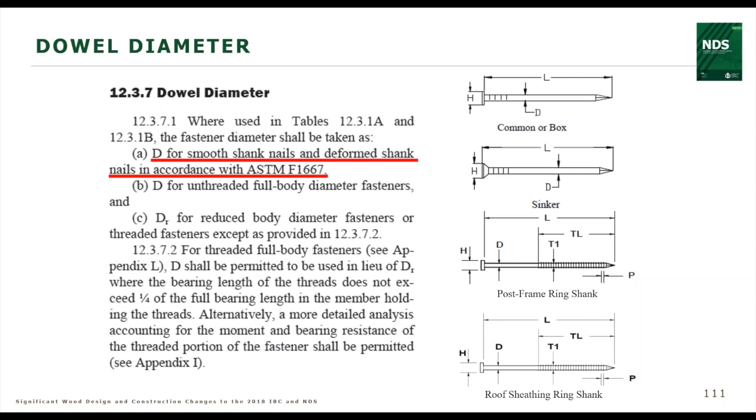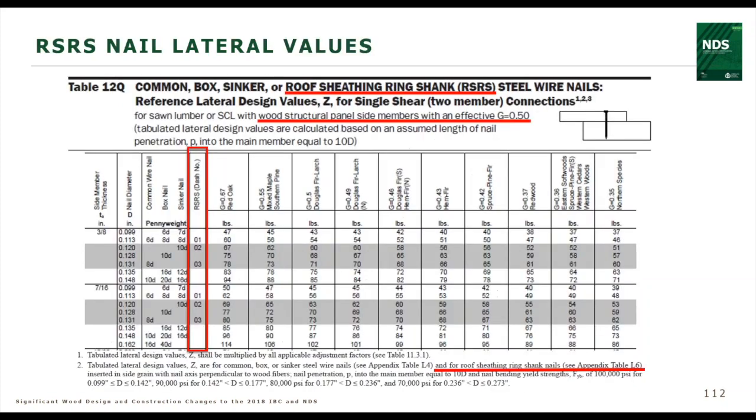So this allowed for the simplification of the calculation of the nail moment resistance in the NDS yield equations. Because D is always provided for the nail types, D sub R is not always provided for deformed shank nails. So this made things a little bit easier in terms of calculating your capacities.